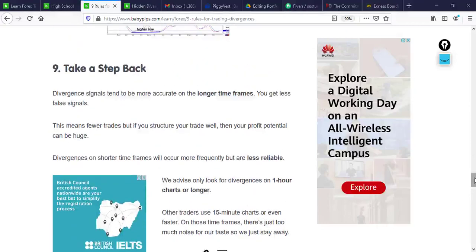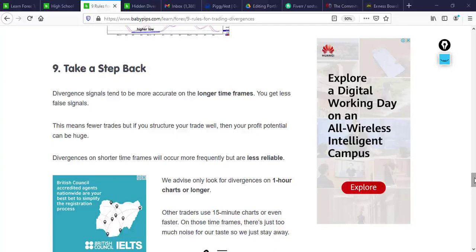Rule 9: take a step back. Divergence signals tend to be more accurate on the longer time frames. In that way, you get fewer false signals. It can mean that you'll be taking fewer trades, but if you structure your trade very well, your profit potential can be huge. Divergences on shorter time frames will occur more frequently but are much less reliable.